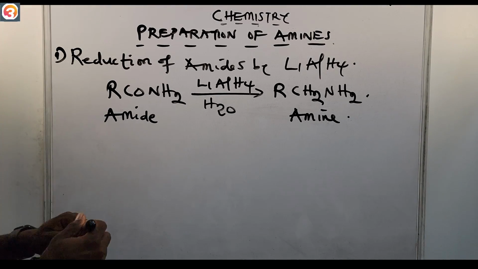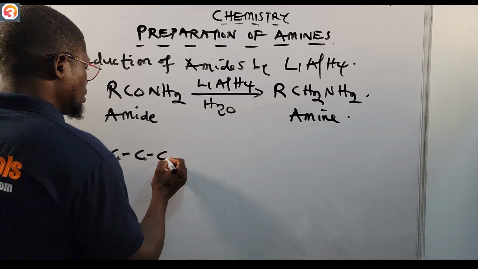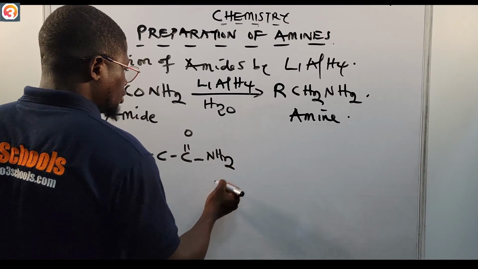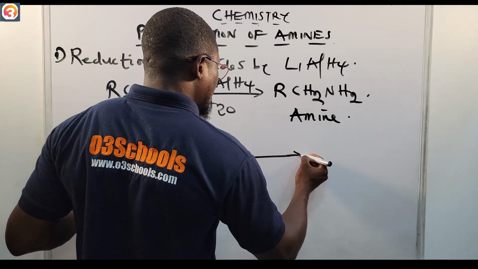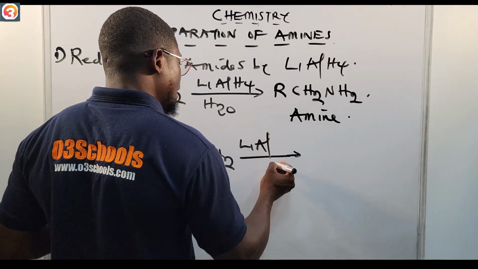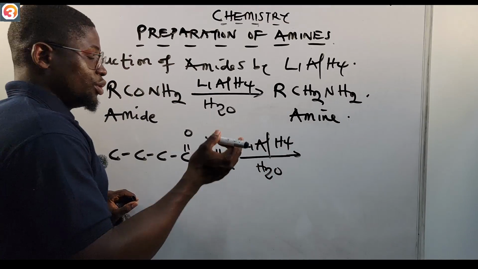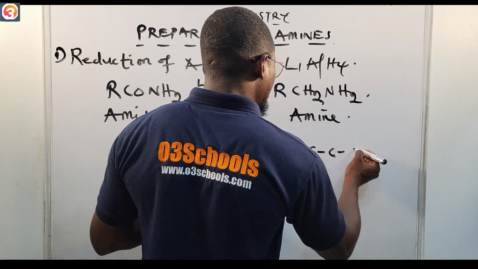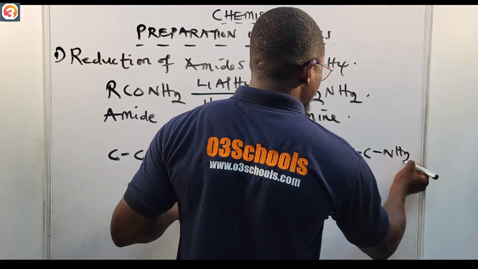Let's say an amide like this, C double bonded to O, NH2. Let's say it is being reduced by our lithium aluminium hydride, LiAlH4 and H2O. What it will give to us is simply we're going to have our C, then I'm going to have our NH2.